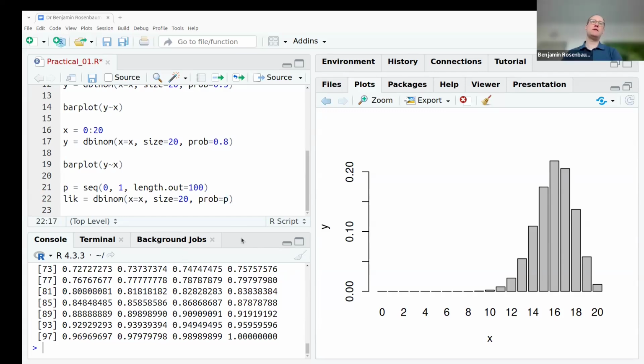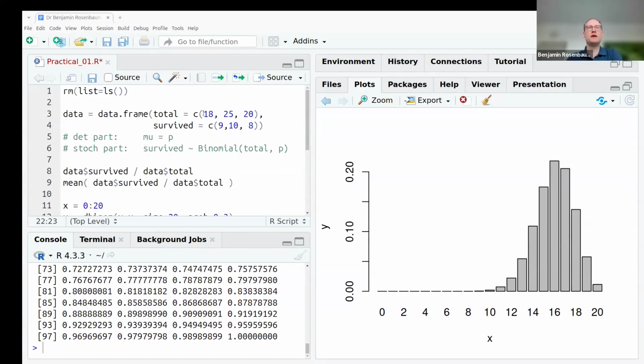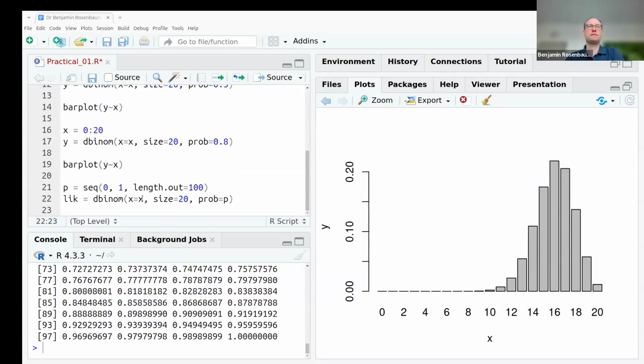And now for x and the size, I have to put in an actual observation. So let's check the first one here. It's 9 out of 18. So 9 out of 18.